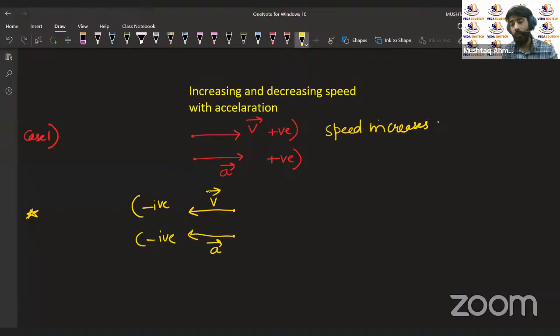In short, whenever velocity and acceleration are parallel to each other, whatever the direction, speed is always going to increase. So here, even though the acceleration is directed along the negative direction, speed still increases in this case also, right?